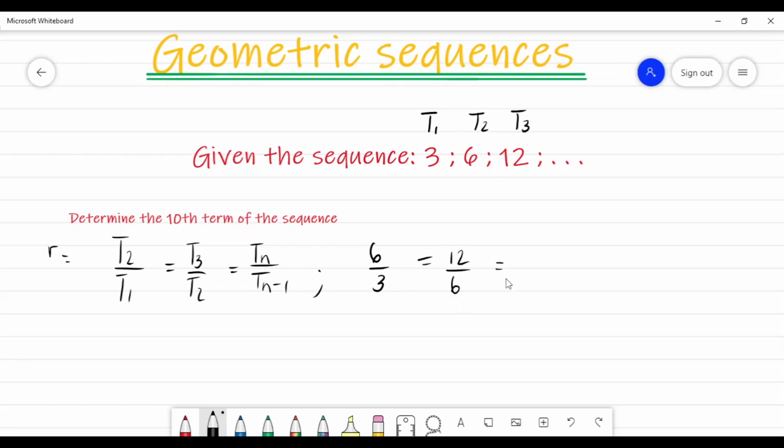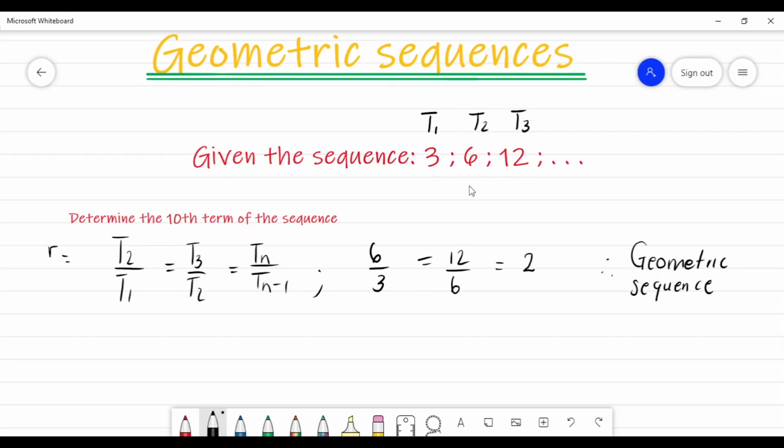So guys, let's calculate. 6 divided by 3 is equal to 2, and 12 divided by 6 is still equal to 2, right? Therefore, this is in fact a geometric sequence because we have a common ratio between our consecutive terms. Okay, we've got a common ratio.